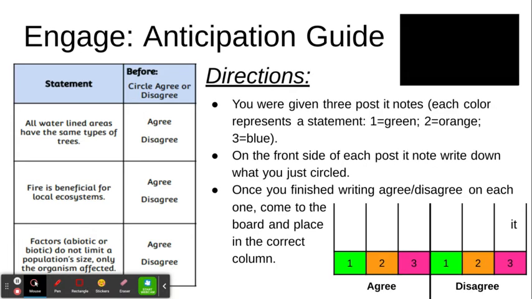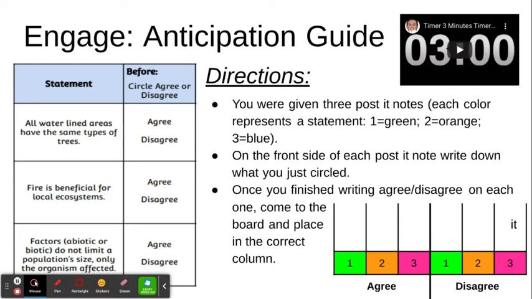After you have given the class time to go through the engage portion of the anticipation guide, you are now going to build a class consensus. In that class consensus, you can do it a handful of different ways. You can do it digitally through platforms like Poll Everywhere.